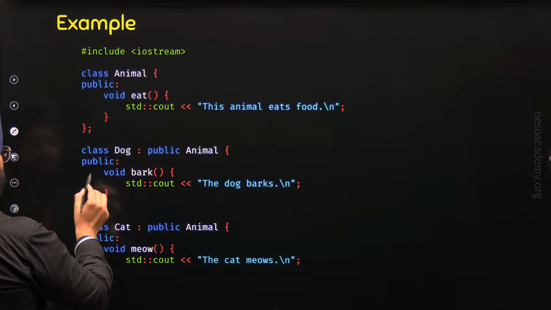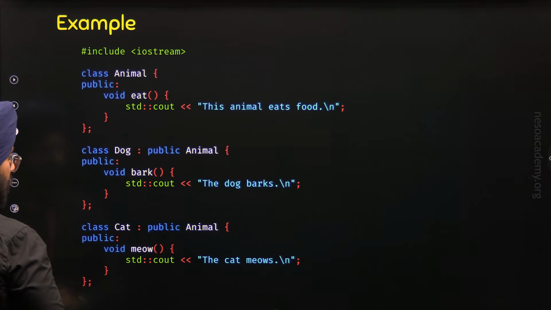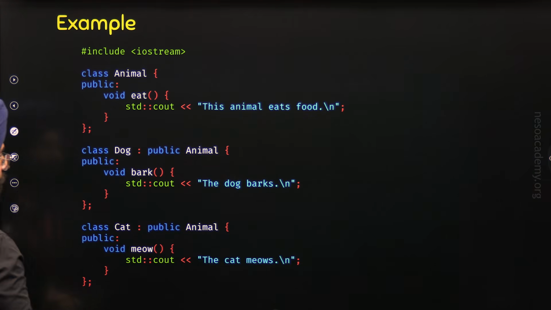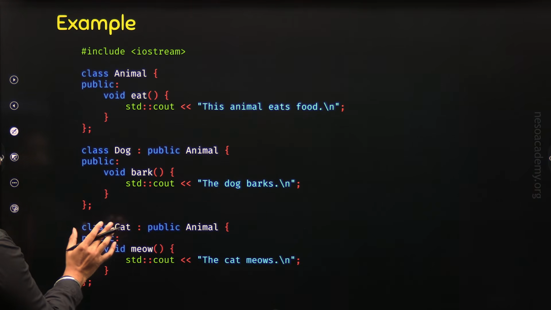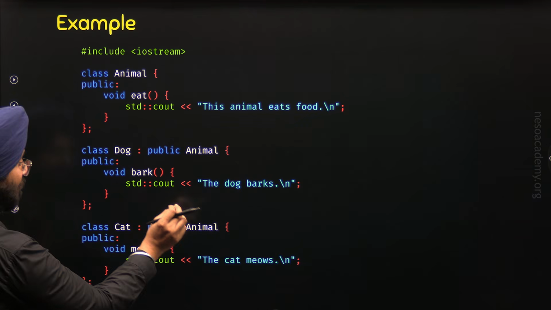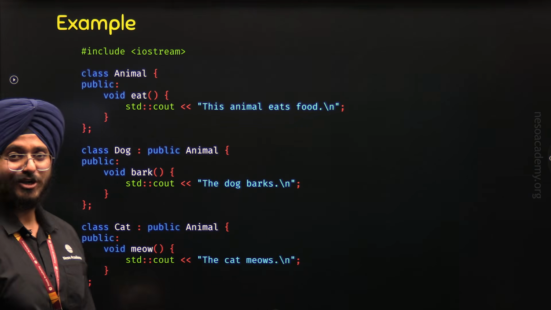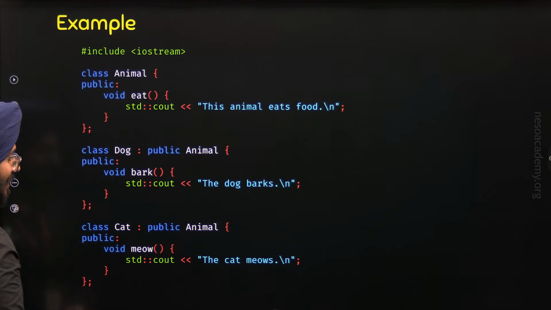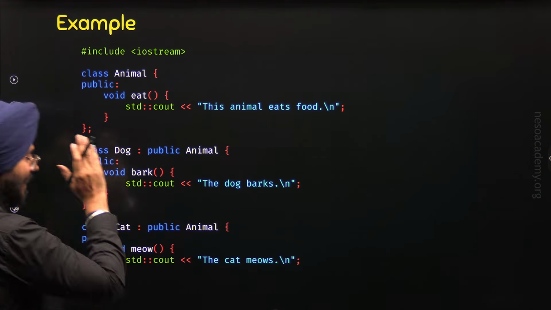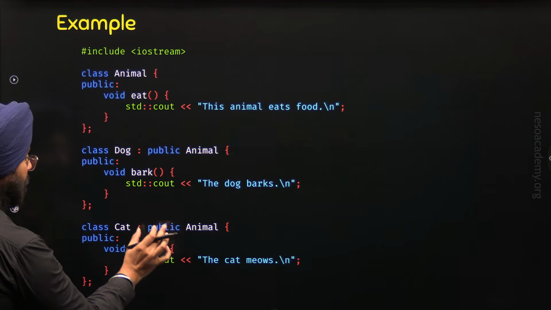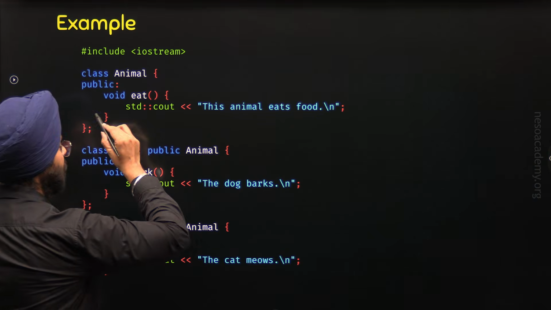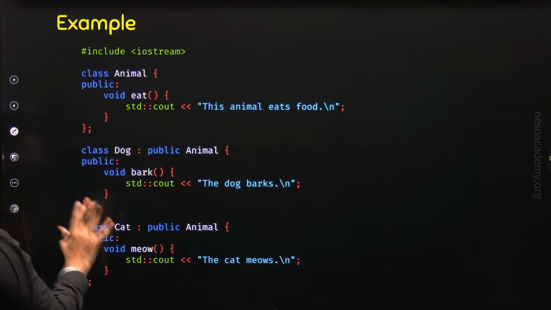Now inside this class, we have this public member function bark that allows us to display the dog barks. Then after this, we have class cat, which is inheriting from the class animal. So this class is also inheriting from the class animal. This means cat is also an animal. And here we have the public access specifier. This means this public member function is still public in this class.